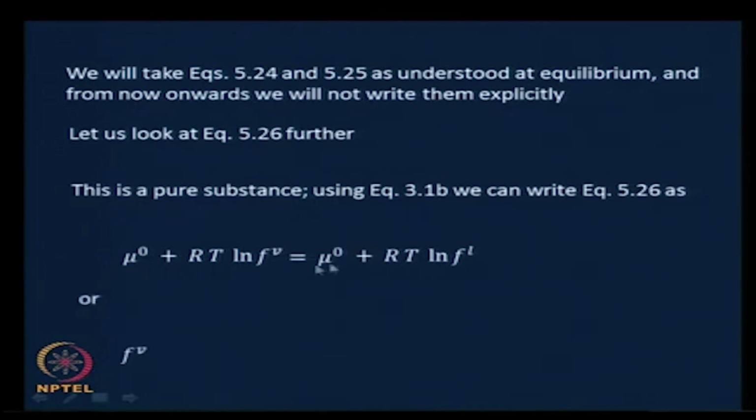Therefore, it is quite easy to see mu naught cancels, RT cancels, therefore, ln f_V equals ln f_L, and therefore, f_V equals f_L. The fugacity of the pure substance in the vapor phase must equal the fugacity of the pure substance in the liquid phase, and let us say that we are going to call it the saturated fugacity value. We will call this equation 5.27.